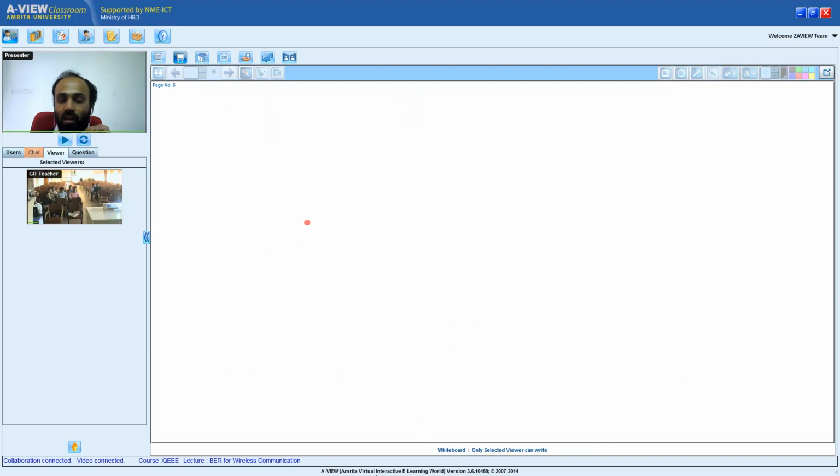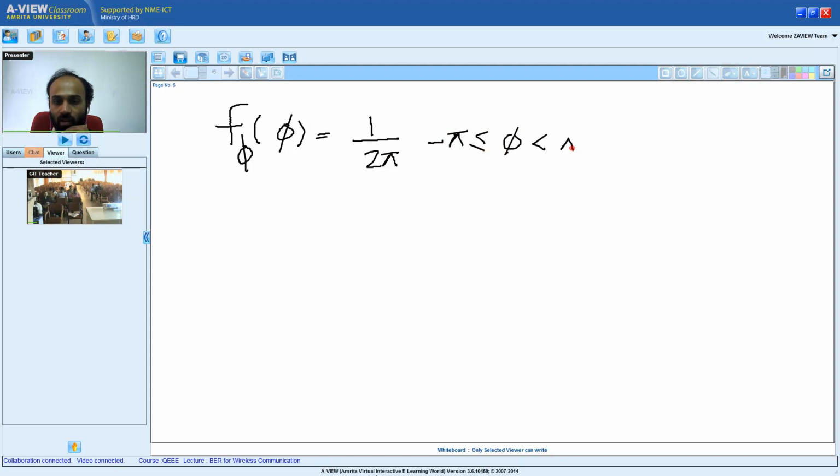The distribution of phi is f of phi equal to 1 by 2 pi, minus pi less than or equal to phi less than pi. Therefore, the distribution of the phase phi, which is uniformly distributed, looks as follows.